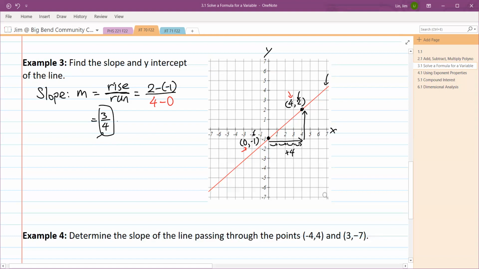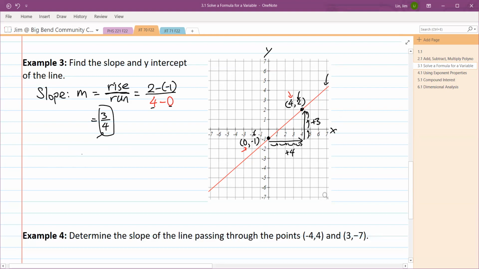The way we find that by math is to subtract the final value by the initial value, right? And then in the y direction, the number increased by 3. So that's your rise. Rise equals 3, run equals 4.